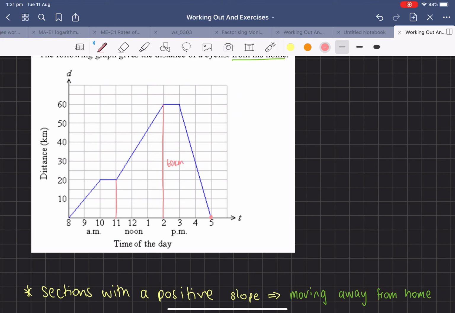What I'm actually trying to find out is what distance did he travel from 11 to 2. So the distance I'm looking for is only this distance here. He was 20 kilometres away. He ended up 60 kilometres away. So the distance is actually 40. And the time, well, 11 to 2, that's 3 hours.